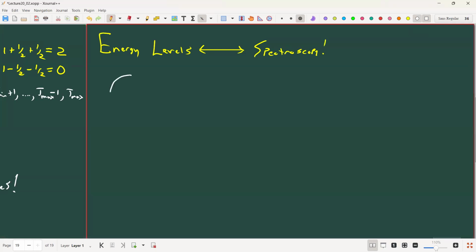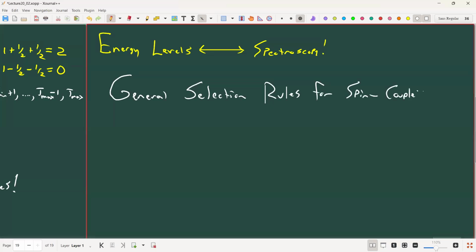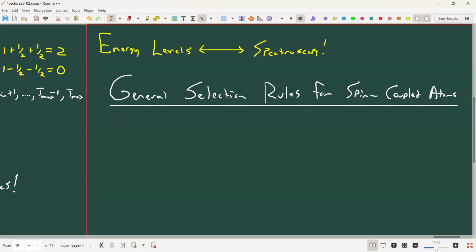Right? So the general selection rules for spin coupled atoms. The question is you go from one state of some characteristic to a state of another characteristic, which ones are allowed and which ones are forbidden? And the rules are quite simple.